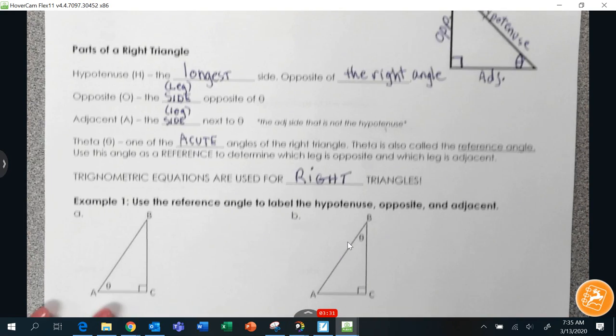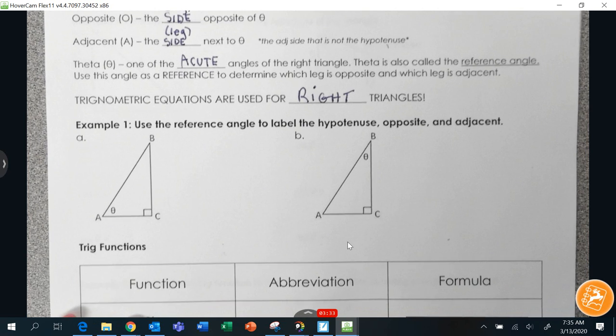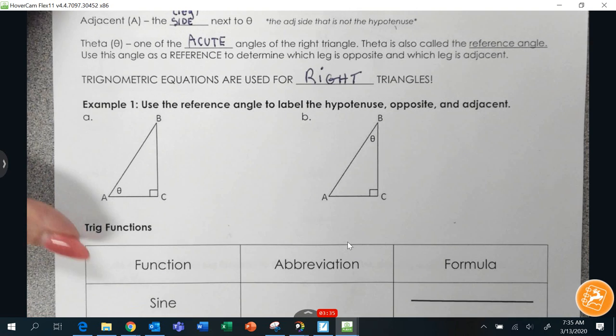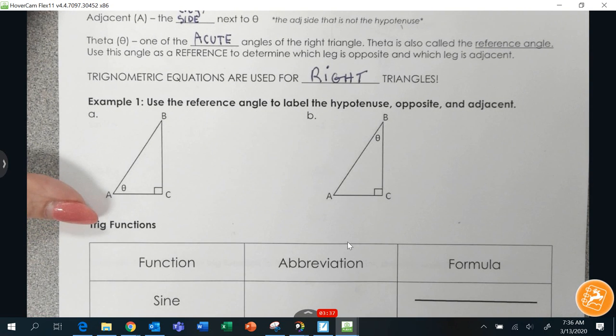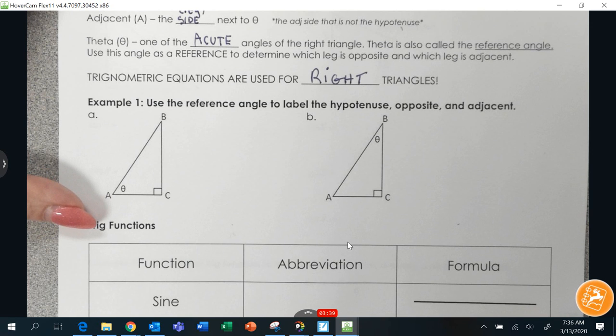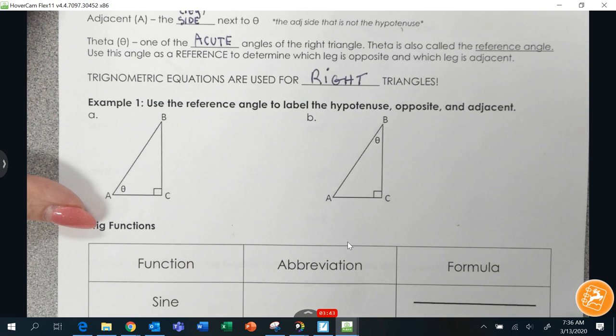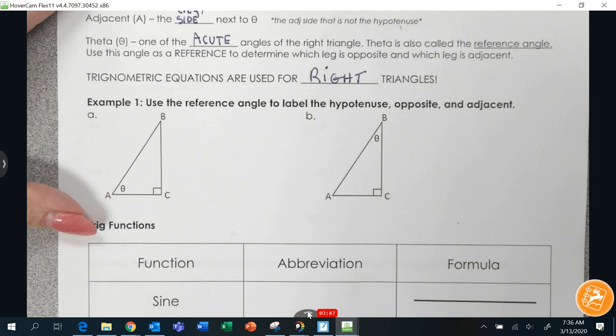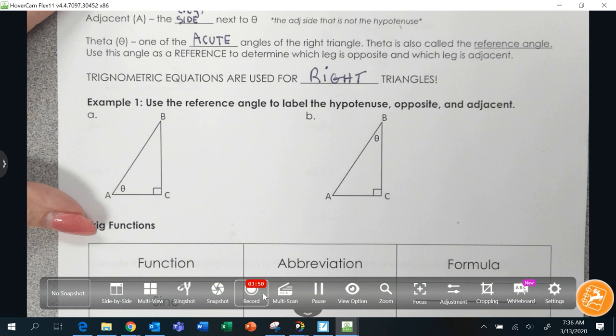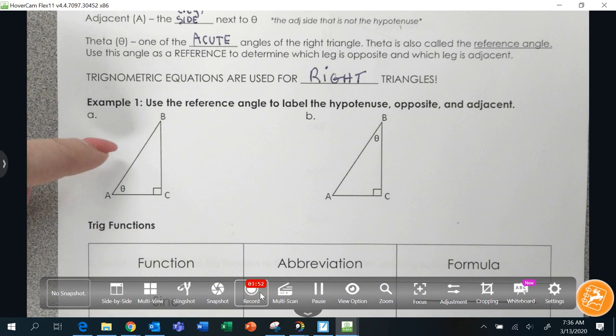All right, so let's look at these right triangles right here. It says use the reference angle to label the hypotenuse, opposite, and adjacent. So I'm going to pause the video. You can pause the video. Label for question A the hypotenuse, opposite, and adjacent.